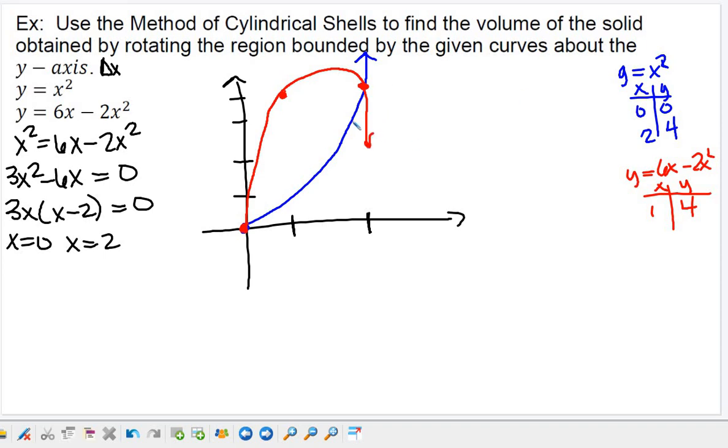Okay, but the only area we're concerned with is here, and we are rotating about the y-axis. So remember, that means that this is the outline of my shell. So this distance is r, and then this distance is height.